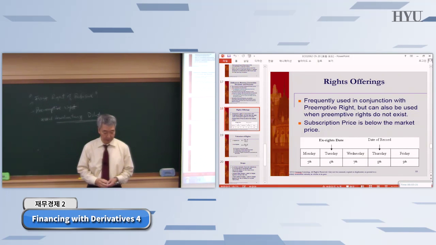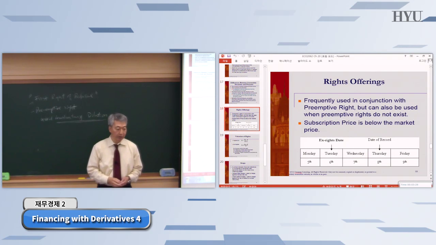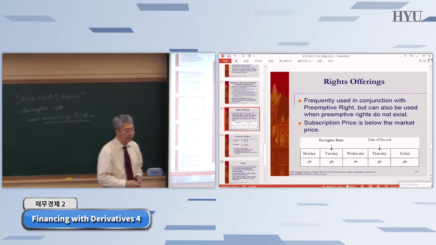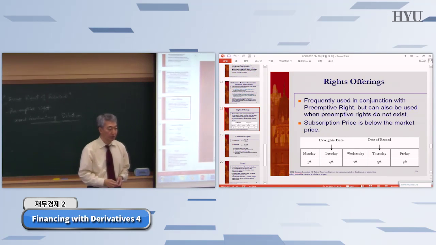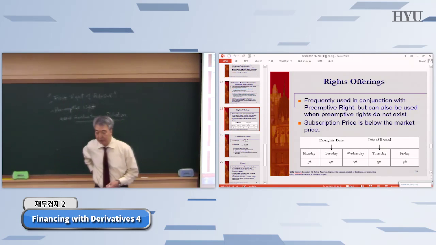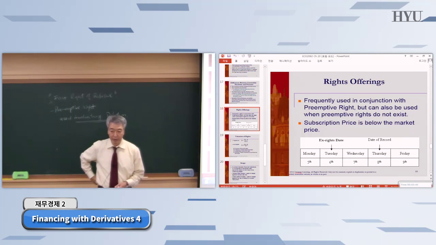And in this case, strike prices are usually lower than the market price, okay? So if the current market price is, say, $30 a share, right? And say, well, existing shareholders can purchase the new shares at $28 a share, okay? And then they would also specify a certain number of shares required to purchase each share, right?